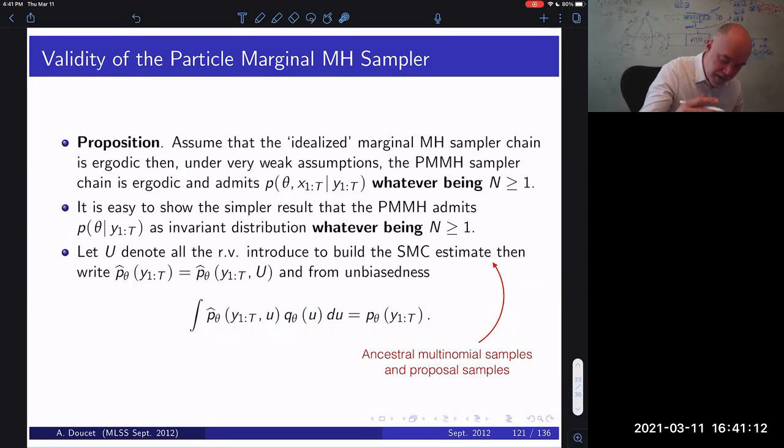So you can prove unbiasedness, but then a corollary to that is this is true. There is a set of random variables out there that you consume when you run sequential Monte Carlo. And this marginalization is exactly the unbiasedness condition.